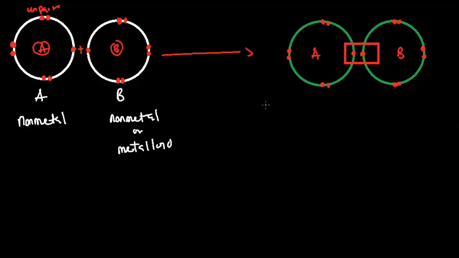Let's take an example with HCl, which is hydrochloric acid. Here we have 1 hydrogen with 1 valence electron, and chlorine.